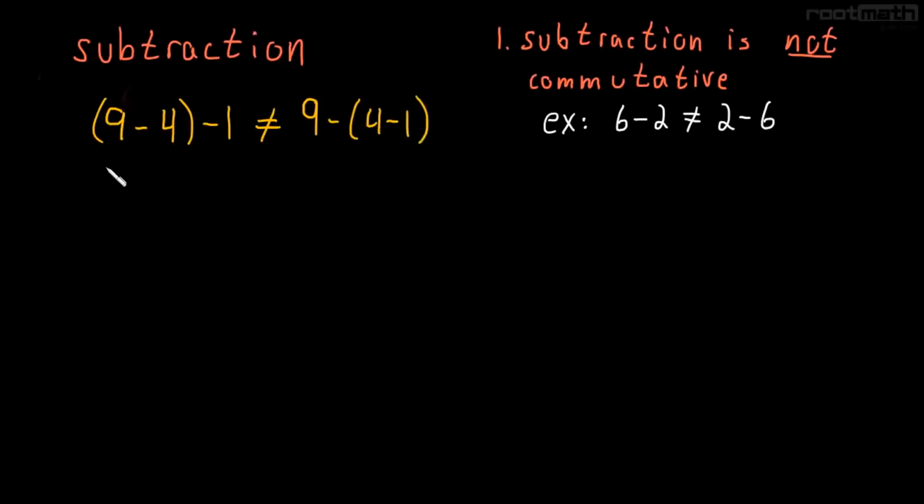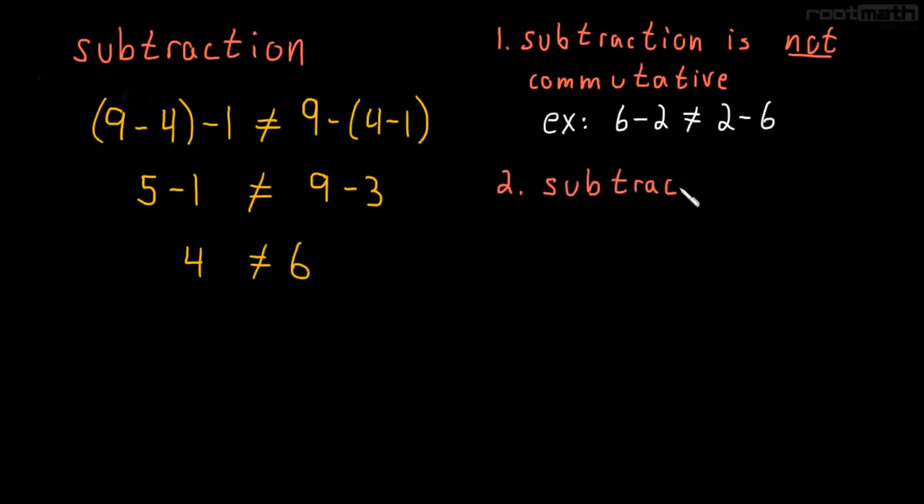And we can go through this just to prove it to ourselves. 9 minus 4 is 5, minus 1. And on the other side we have 9, well, 4 minus 1 is 3, so 9 minus 3. Those are not equal because 5 minus 1 is 4, and 9 minus 3 is 6. So subtraction is not associative.